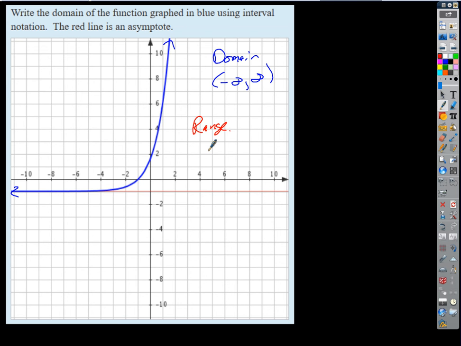Yeah, I'd take the whole thing and just compress it onto the y-axis. Now, what kind of a mark would it leave on the y-axis if I did that? It's going to go up forever, agreed? Where's it going to stop, though, vertically? Like what's the lowest value it could get to?